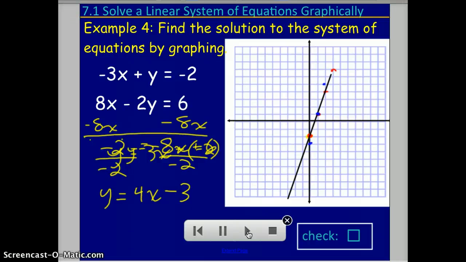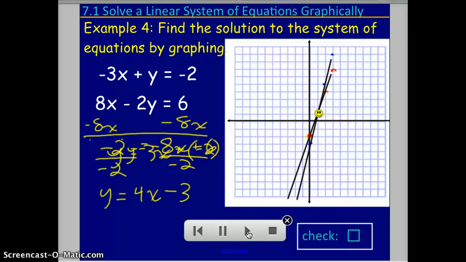You can see how the points could tend to get a little bit congested as you graph two lines. The point that appears to be the solution is 1, 1.